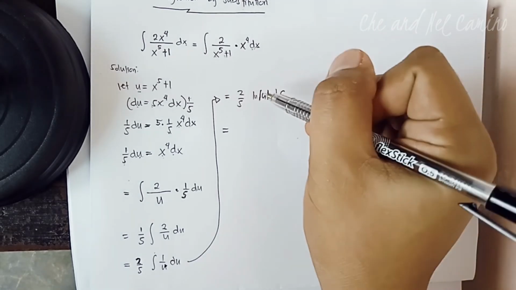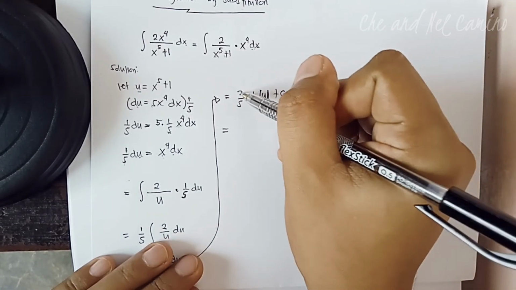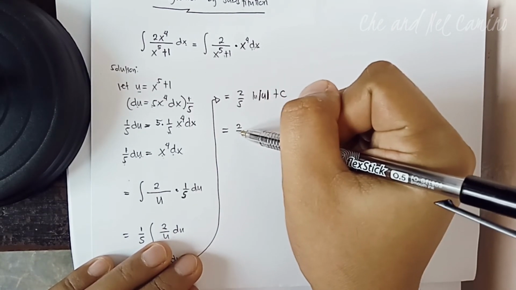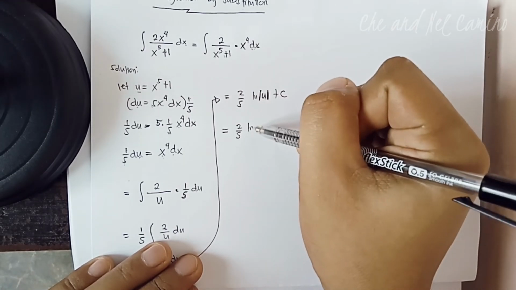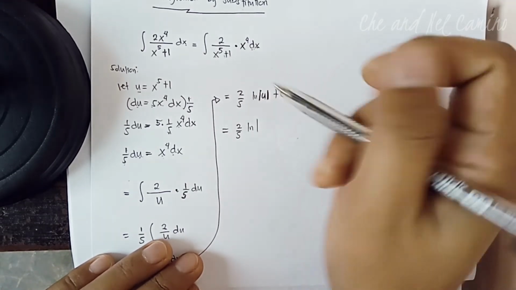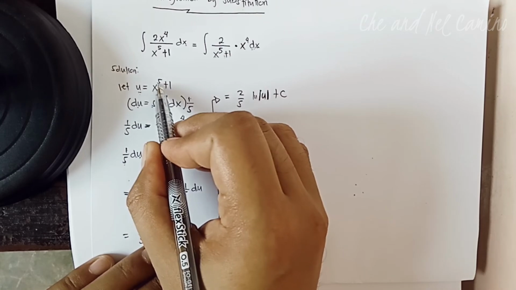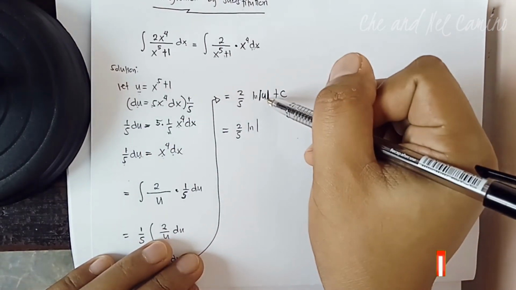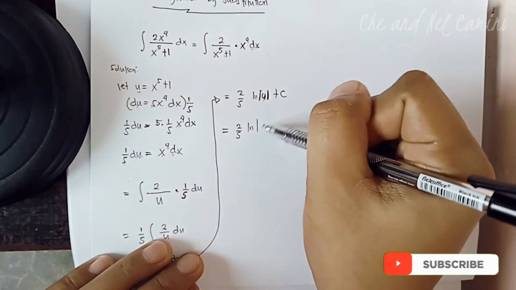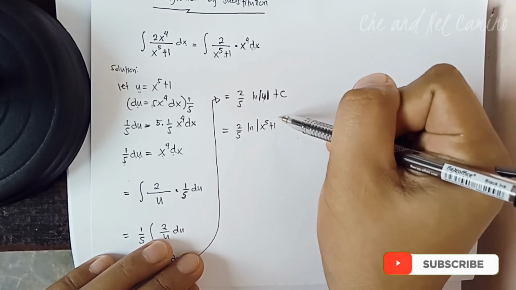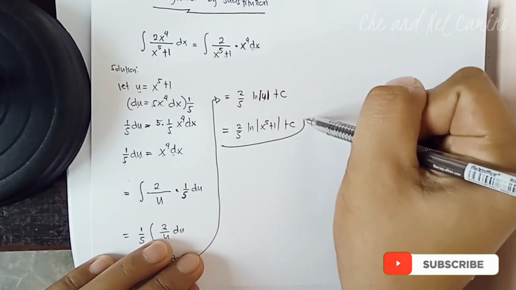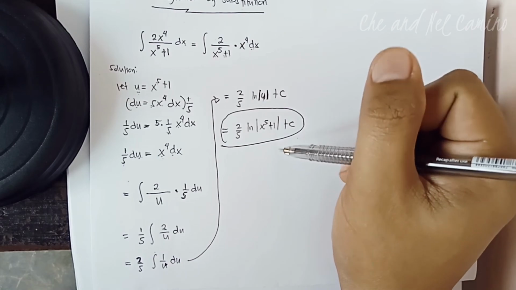So we have 2 over 5, copy, and then ln of u. What is the value of u? u is equal to x to the power of 5 plus 1. So we are going to replace u by x to the power of 5 plus 1, plus c. So we are done with our solution.